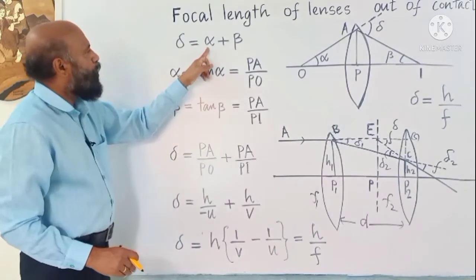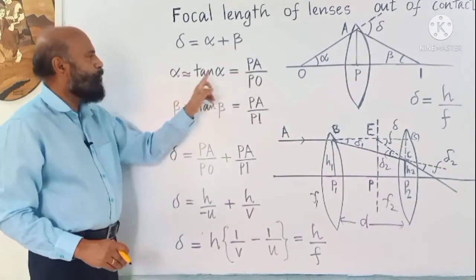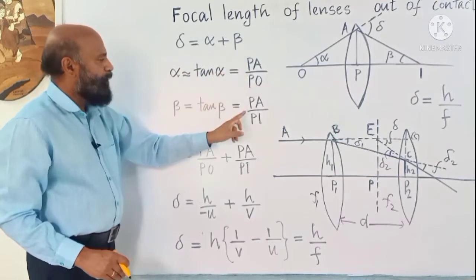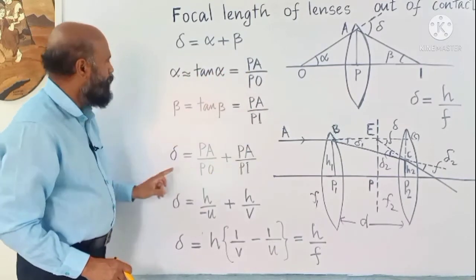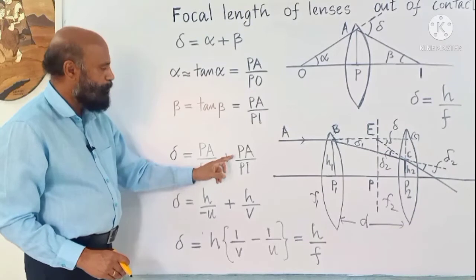So we can substitute for alpha PA by PO, and for beta PA by PI. So delta is PA by PO plus PA by PI.